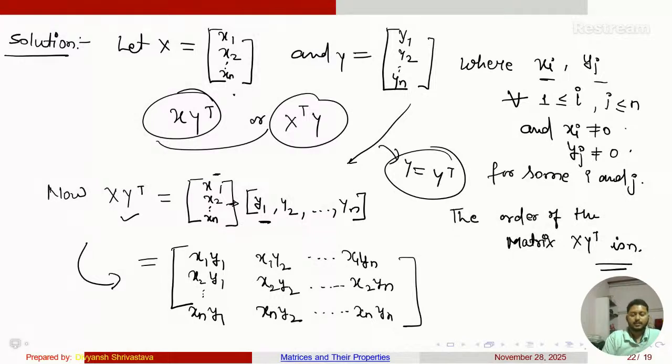Since x and y are non-zero and each xi gets multiplied with each yj, the matrix x y transpose has at least one non-zero entry. As seen above, all rows and columns are scalar multiples of each other. Therefore, only one row or column is linearly independent, because the terms linear independence and linear dependence come from vectors.